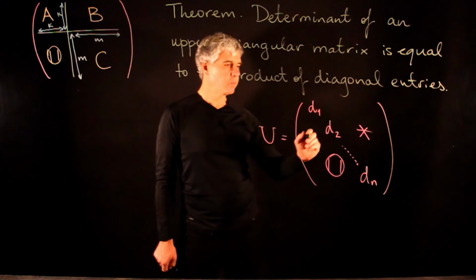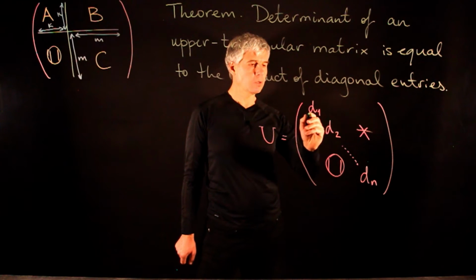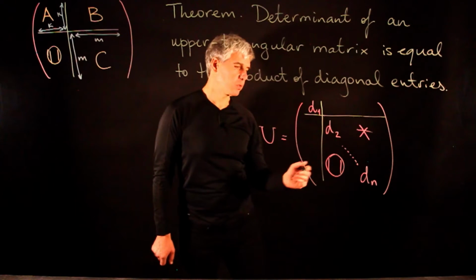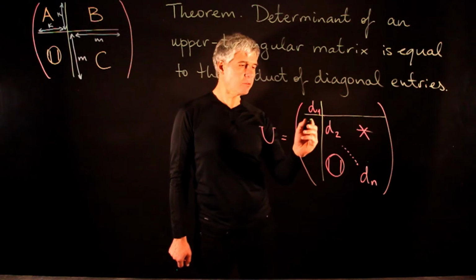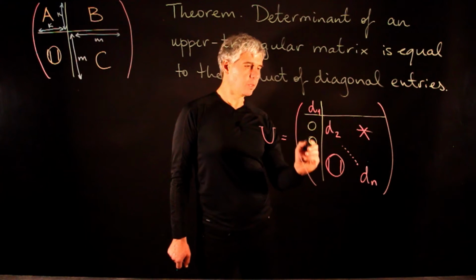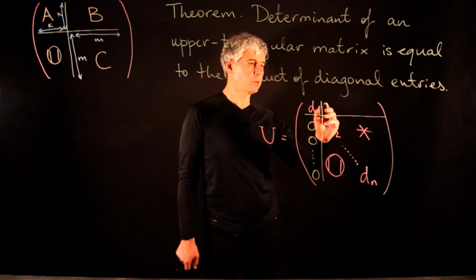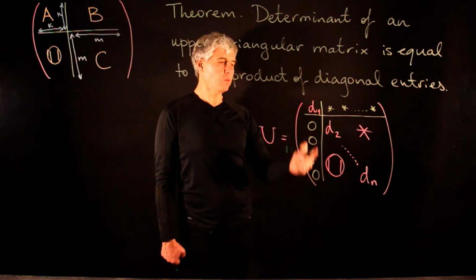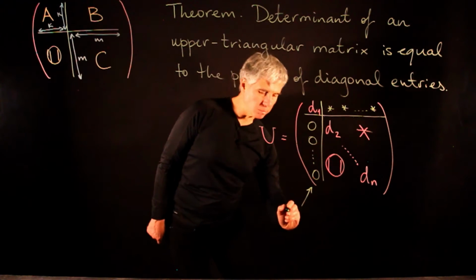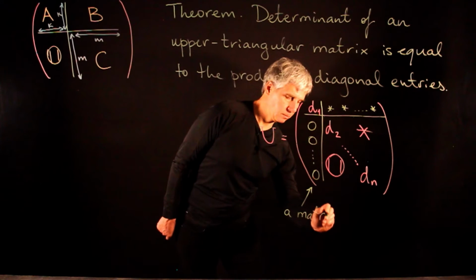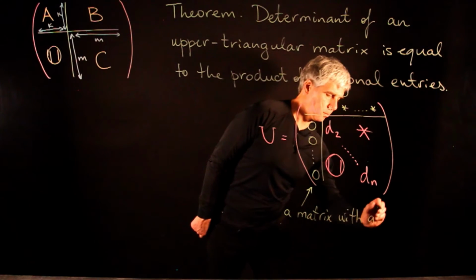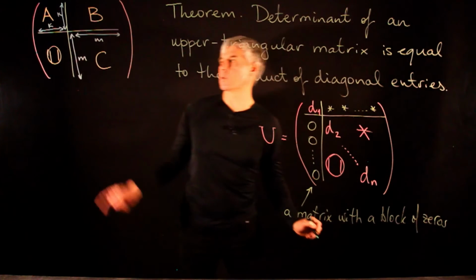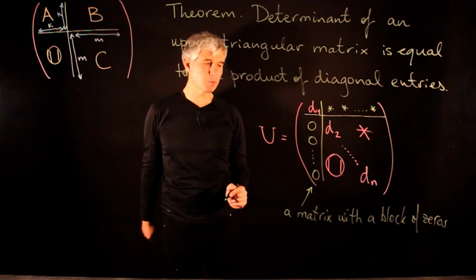To prove this theorem, we consider the following block decomposition. So what we'll do is we'll take a 1x1 block in the top left corner. Because the matrix is upper triangular, all entries below d1 are equal to 0. And there are some entries in the top right corner. And then what we see is that this becomes a matrix with a block of zeros, just of this form with k equal to 1.